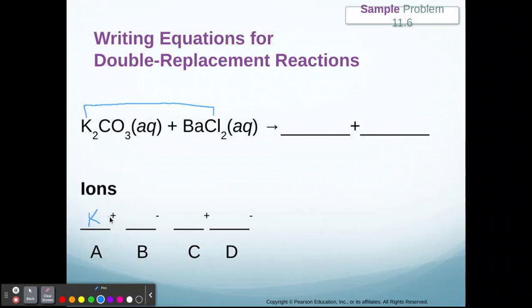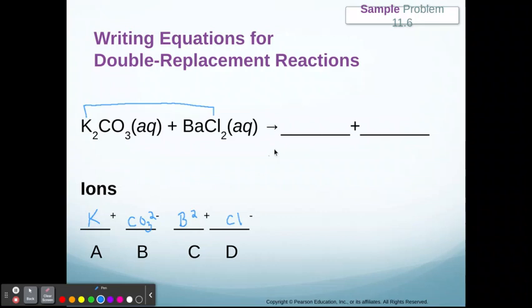So potassium gets the +1, okay, because that's what it has. CO3 as carbonate, that has a 2 minus. Okay, then your barium over here has your 2 plus, and your chlorine has the 1 minus.